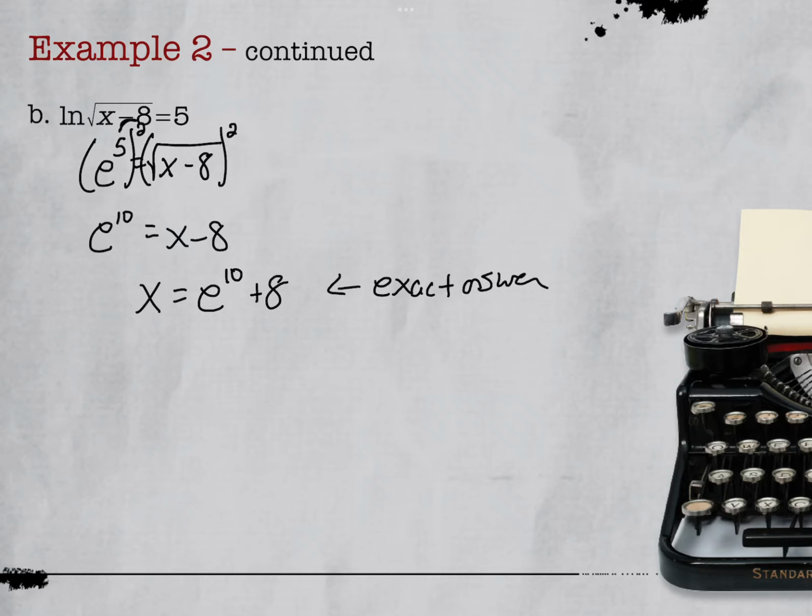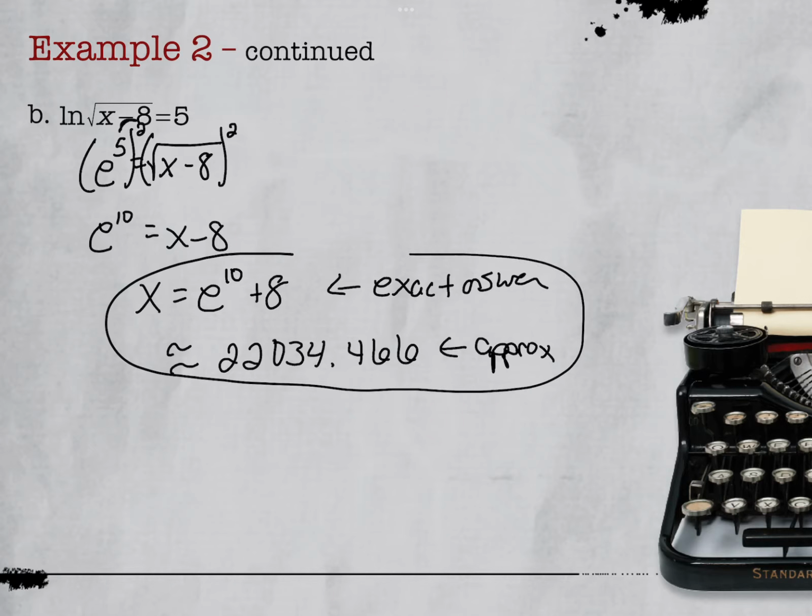And then we need to plug that into our calculator to get our approximate answer. So if we plug that into our calculator, I have to do that real quick. I get 22,034.466 would be our approximate answer right here. So remember, on your homework, just like last class, you're going to have two different answers.